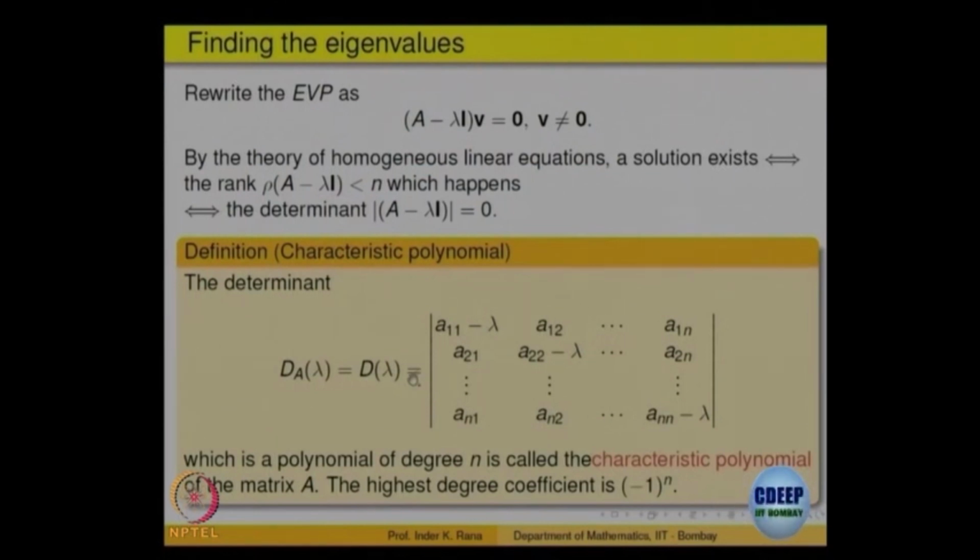Given a matrix A, look at determinant of A minus lambda I. So, what will that be? Along the diagonal you subtract lambda, everything else remains as it is. So, determinant of this, what will it look like? Try to expand.